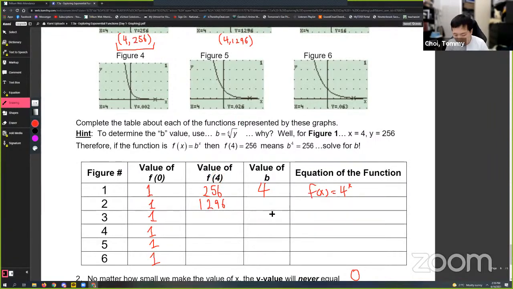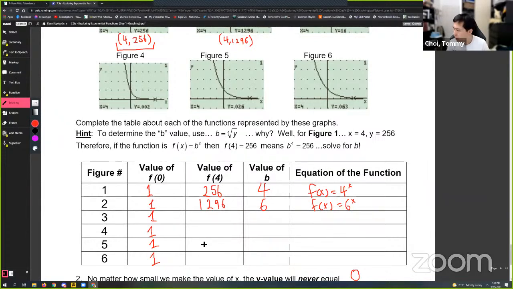If you don't, you're going to have to do it yourself. So you try 5 to the power of 4. Nope, that doesn't work. Okay, 6 to the power of 4. That works. So the base is 6, and f of x is equal to 6 to the power of x.